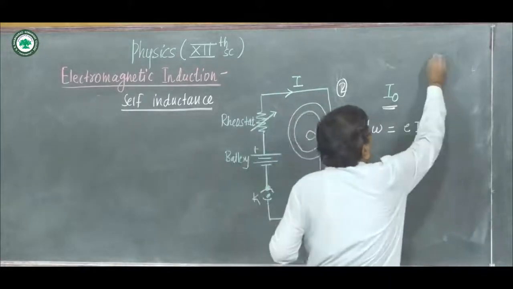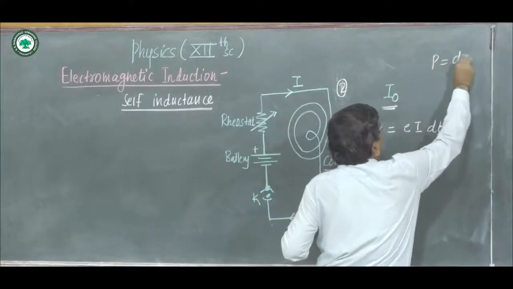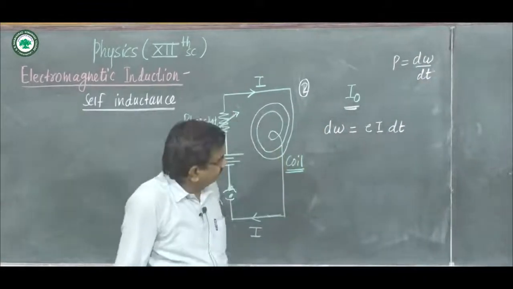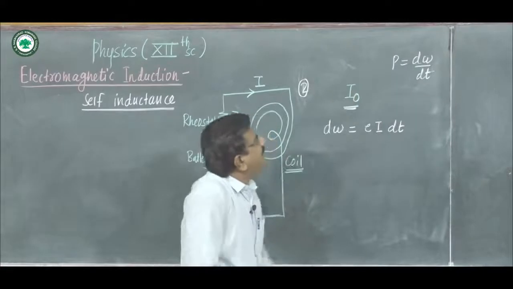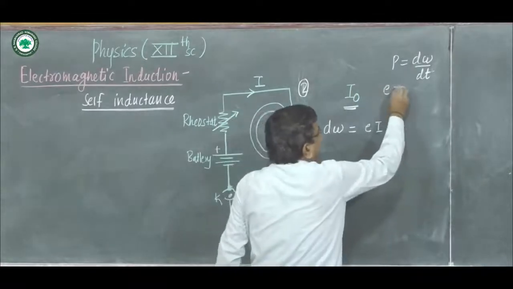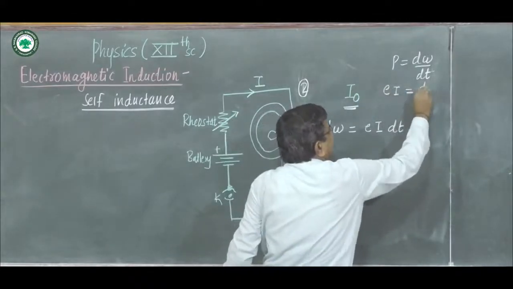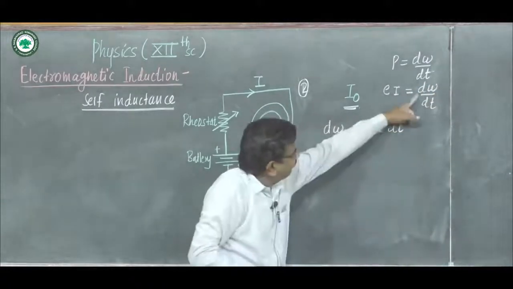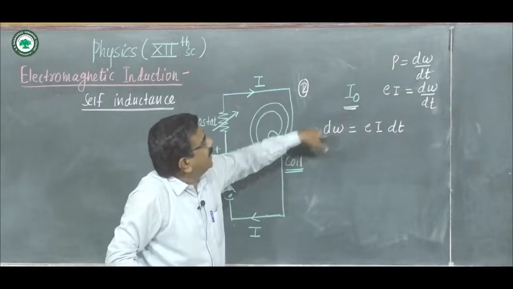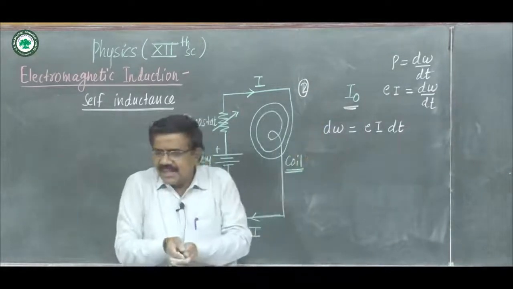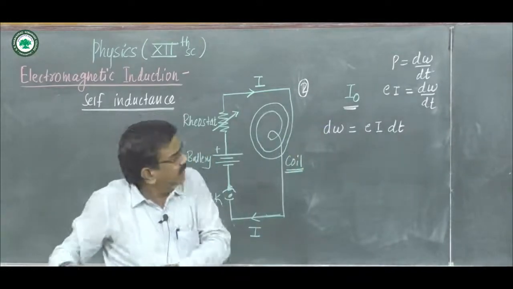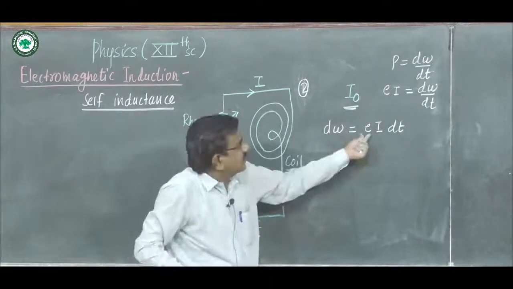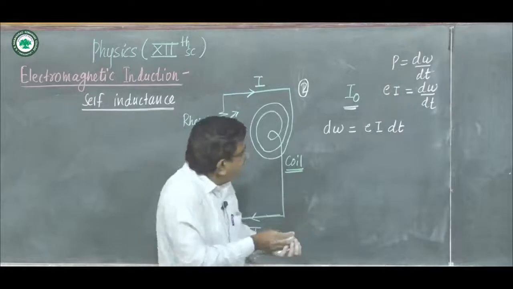We know power is dW upon dt. This power P is also EI. So EI is dW upon dt, and from this formula, the work done dW is EI dt. But by Lenz's law, we know this E is minus L di upon dt.